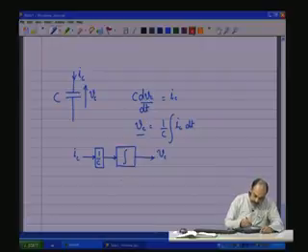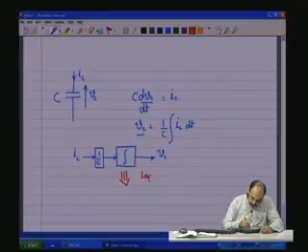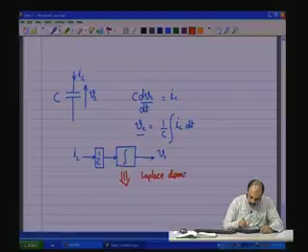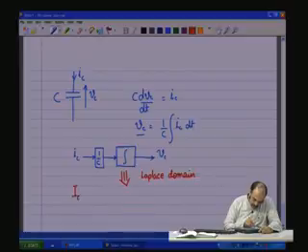Now, to convert it into the Laplace domain, what do we do? We change the case of the variables to uppercase.